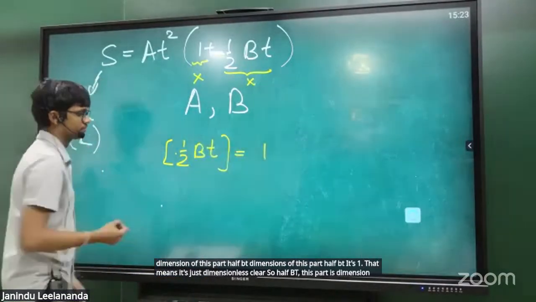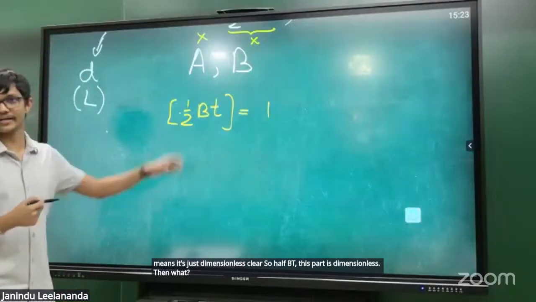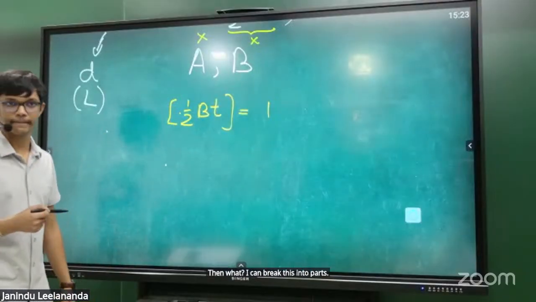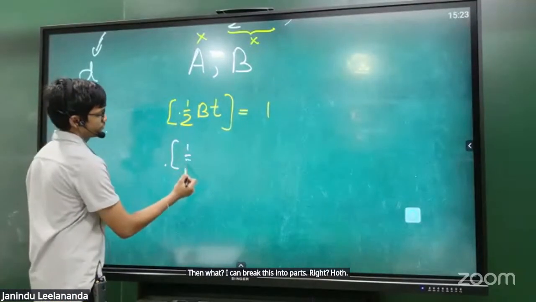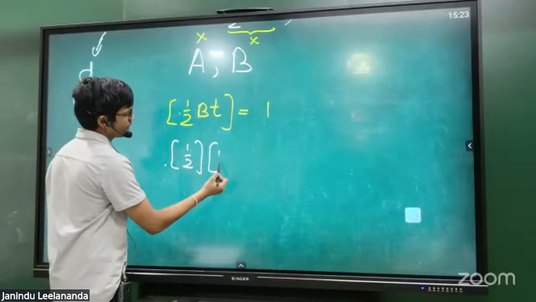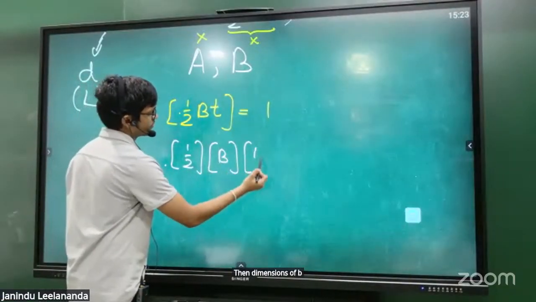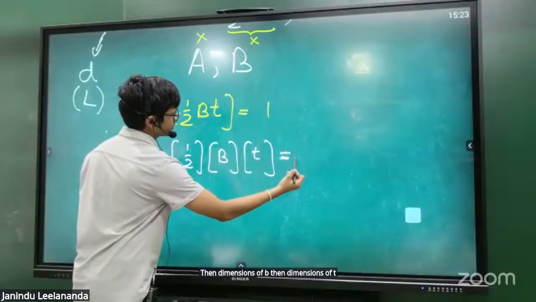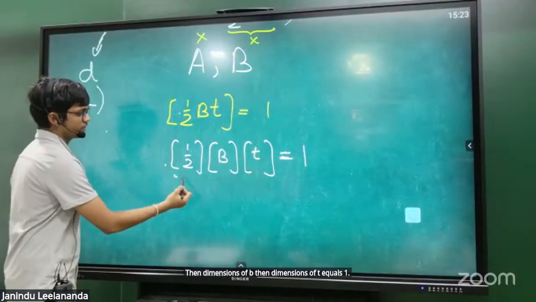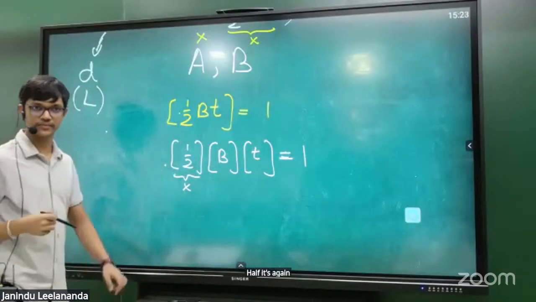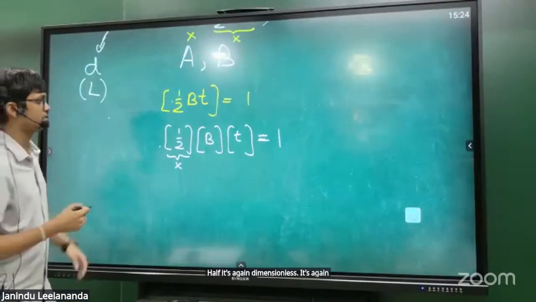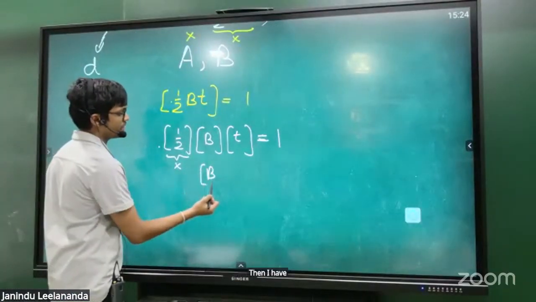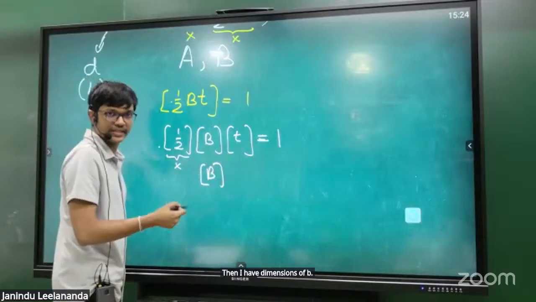Then I can break this into parts, right? Half, then dimensions of b, then dimensions of t equals 1. Half is again dimensionless. Then I have dimensions of b, dimensions of t, t is time.